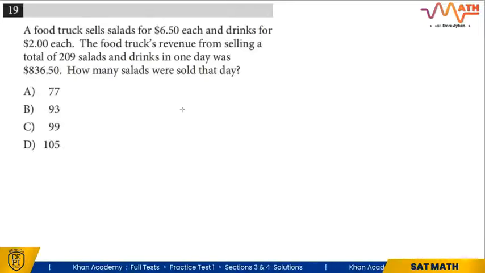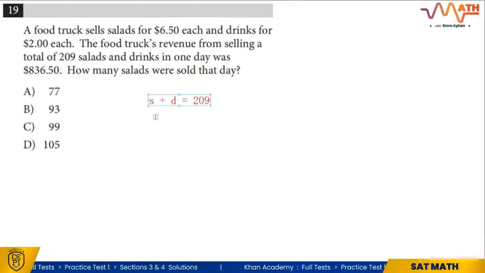So let's give the names, right? Let's say S plus P equals 29.